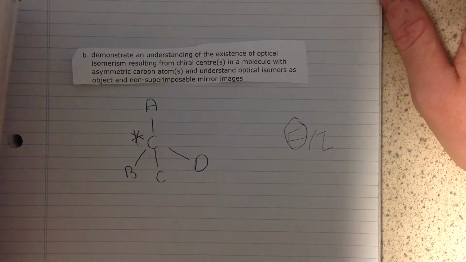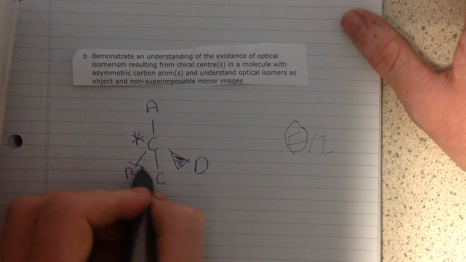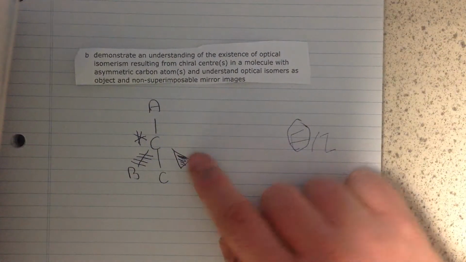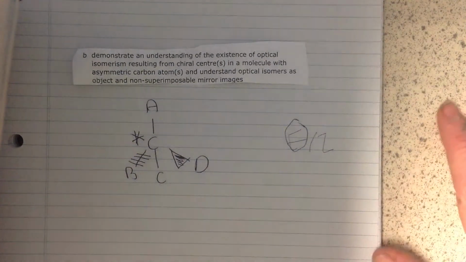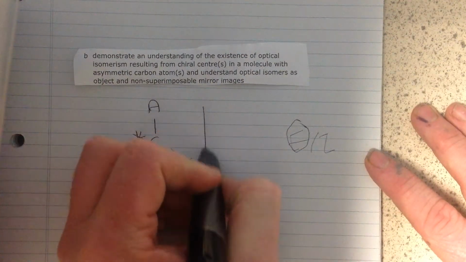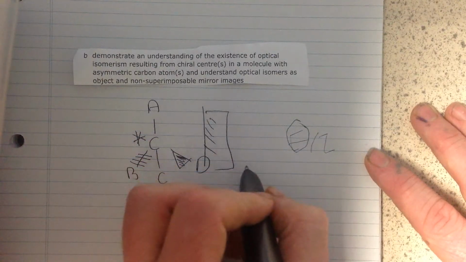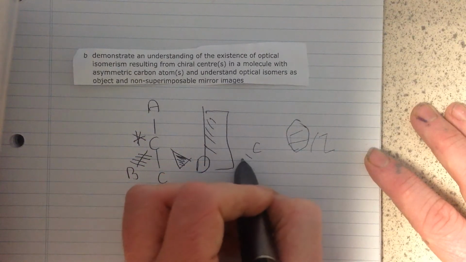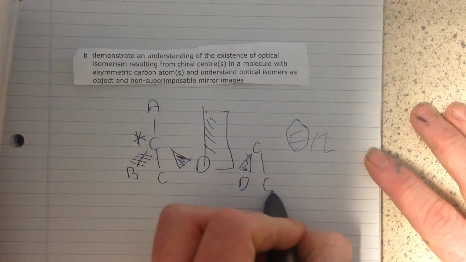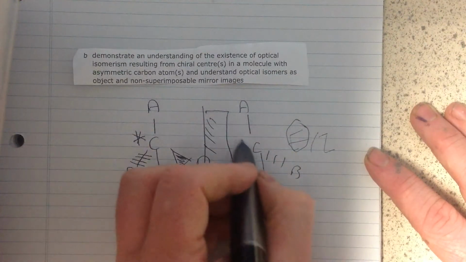Obviously I can show this image in 3D, so I can have one bond coming out of the page and one bond going behind the page, so it's in 3 dimensions. I can look at drawing a mirror image of that molecule, and my mirror image would be non-superimposable.